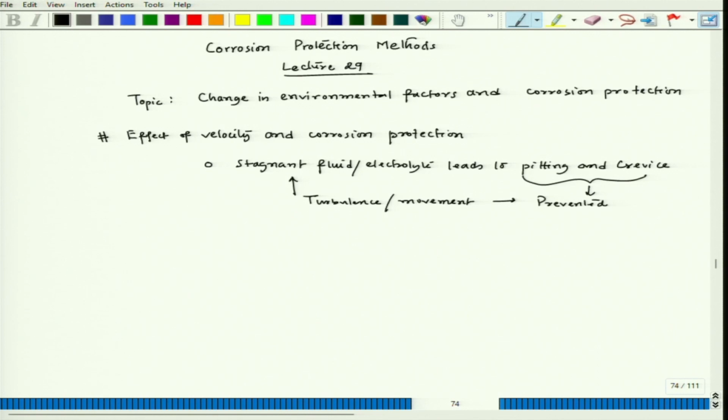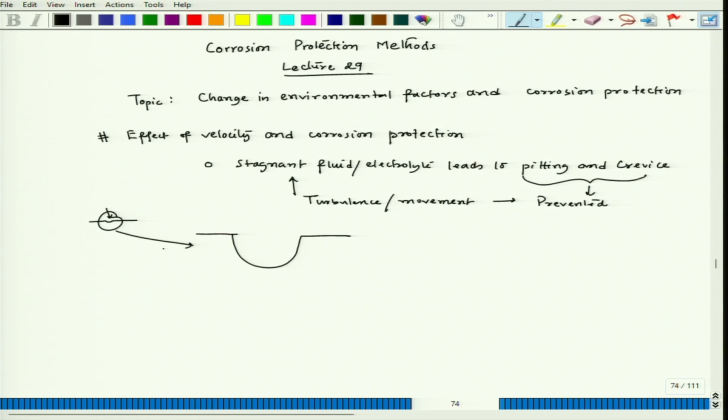We know why, because when we look at the mechanism for pitting and crevice, we see that a differential aeration cell forms. Let us say this is my pit, a small pit that has formed, and it is zoomed here.